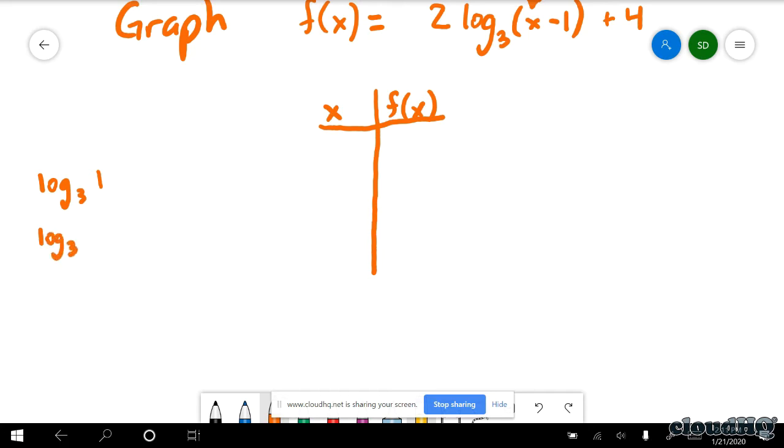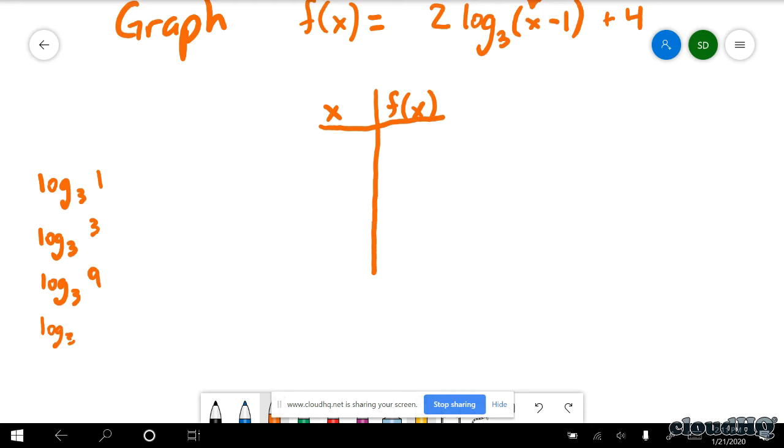Log base 3 of, what's another one that works nicely? 2 doesn't work nicely. 0 does not actually work at all. 3 does work nicely. What's another one? 9. What's the next one after 9?